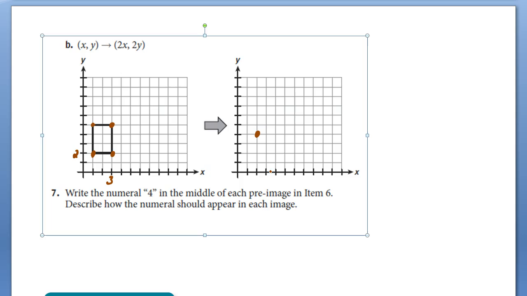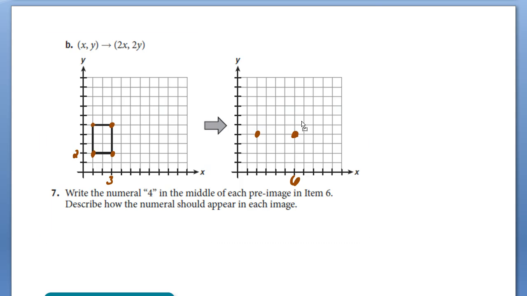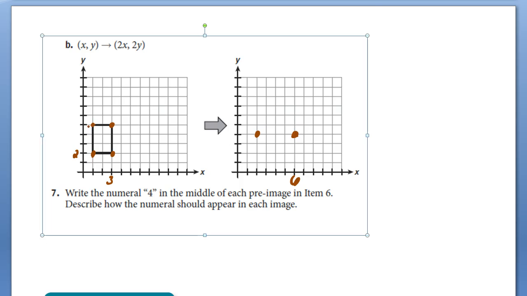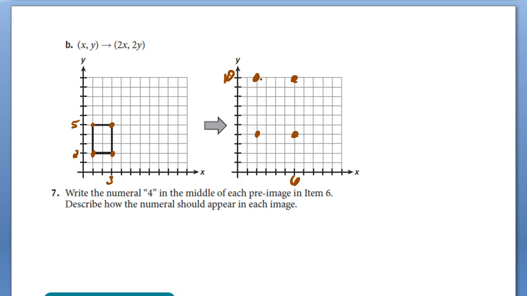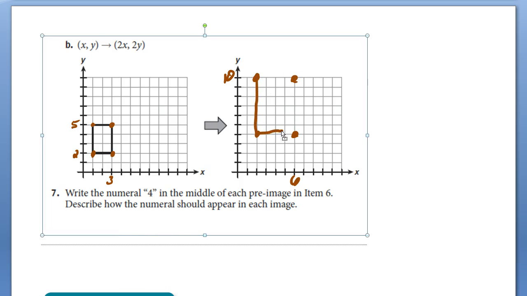It will become (6, 4). This one right here is at (1, 5), so we double the x and the y. That would make (2, 10), way up there. So there's that corner and then that corner. We connect these together. This creates the image.